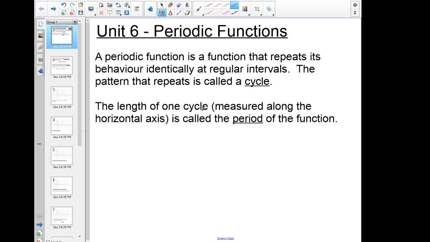A single cycle, which we measure normally, we will put some sort of measurement along the horizontal axis. So whatever the length or the duration of one cycle, that is known as the period of the function. So you can have many cycles in the function, but the period is a single value that is being repeated over and over again.